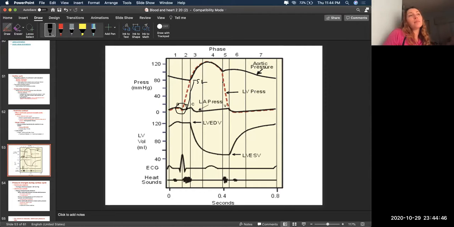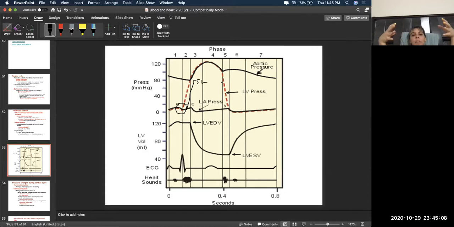No, it's the amount of pressure in which the blood is being shot into the systemic circuit. Grab a bottle of water without the top and do like that. That's the pressure that you're putting into it. Okay.